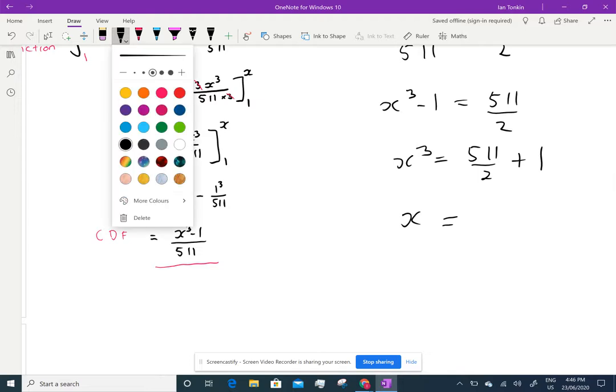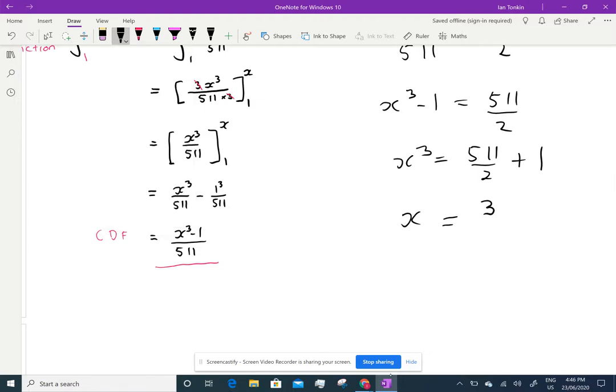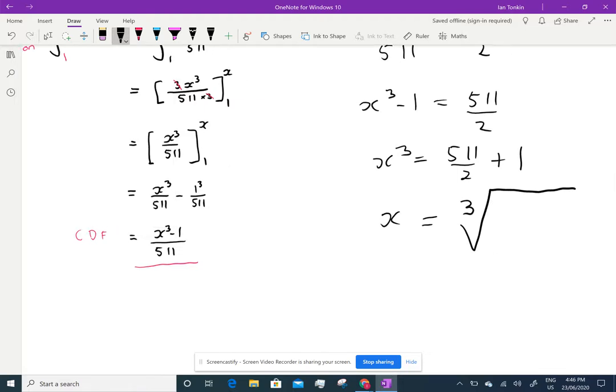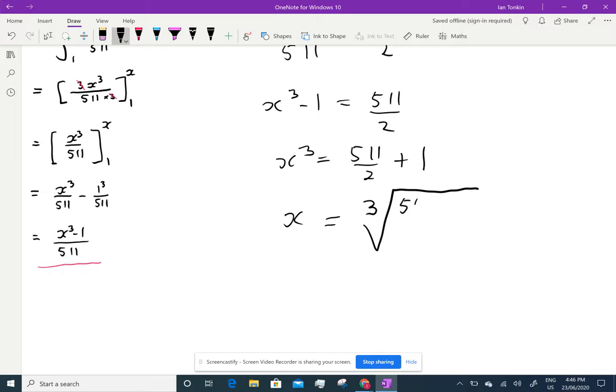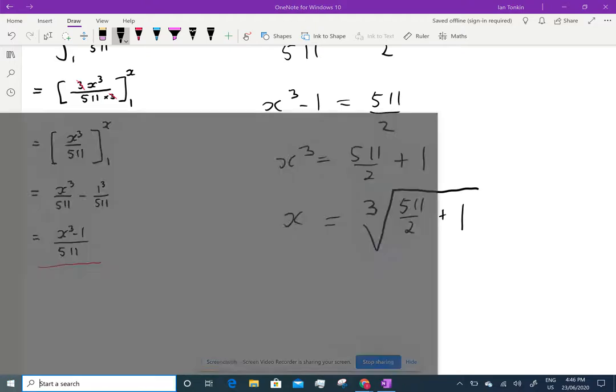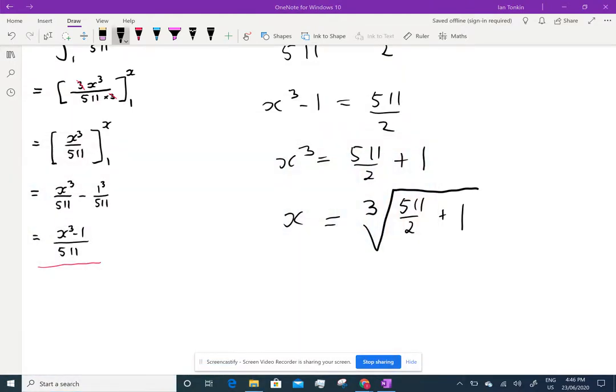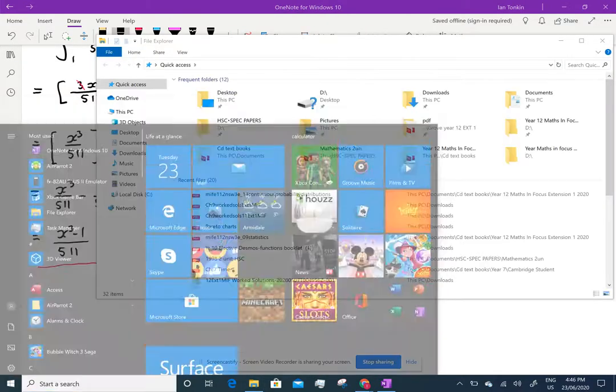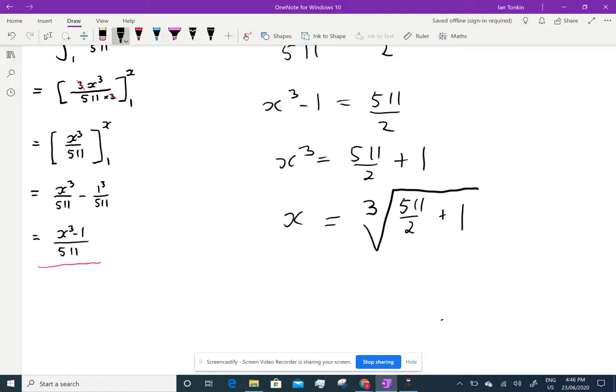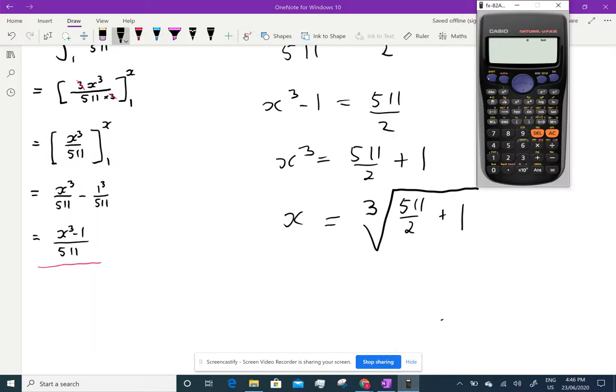So now I cube root all of that, 511 on 2 plus 1. And I go to my calculator, which I've got to open. Oh, hold on. It was right there. There we go. And I get it up. So what do I want?